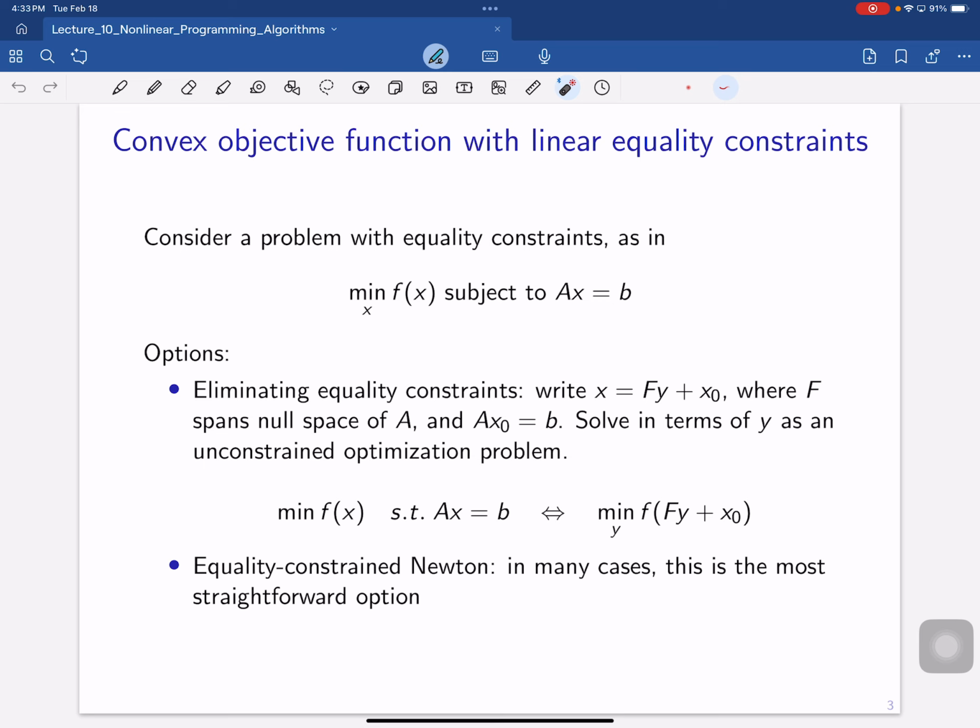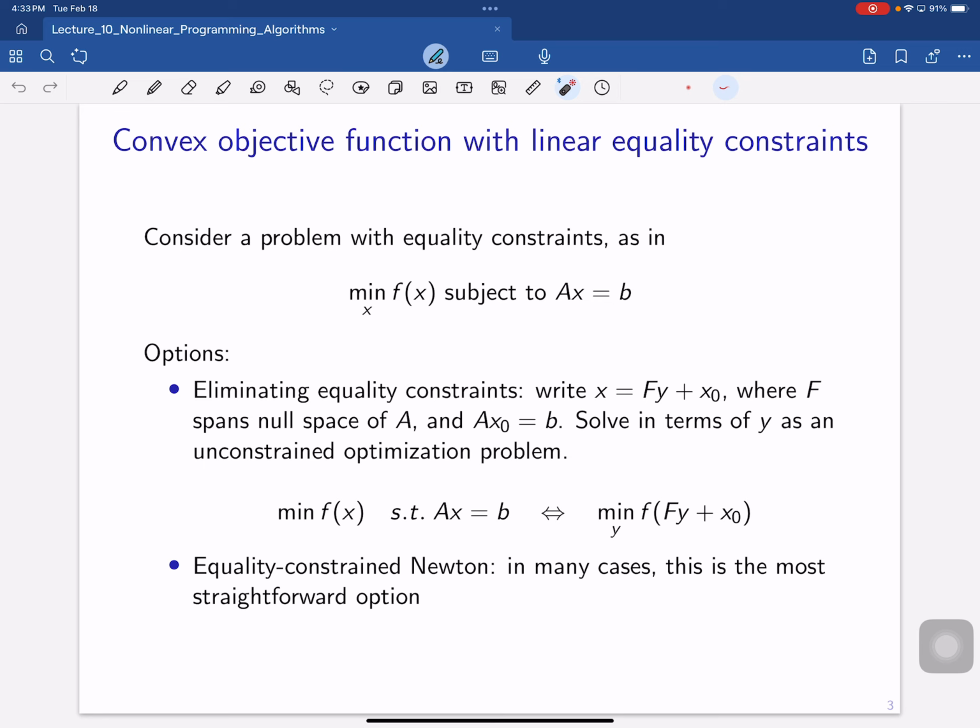If you know x satisfies Ax equals b, right? Remember, in the previous lecture, we talked about when Ax equals b has a solution. It has a solution when b is in the column space of A, right? So if this problem is feasible. If the problem is infeasible, it's not of interest, right?